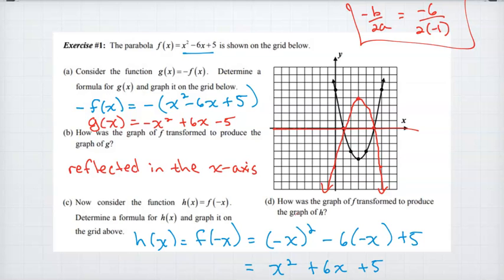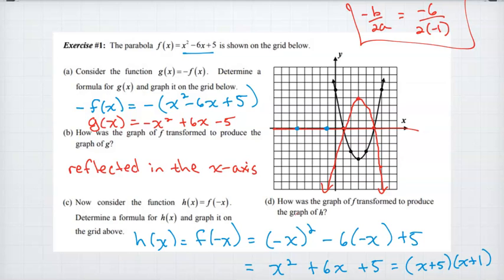When I'm graphing a parabola, it helps to factor it. So I'm going to say that this factors into x plus 5, x plus 1. So the zeros of my new parabola are negative 1 and negative 5. 1, 2, 3, 4, 5.